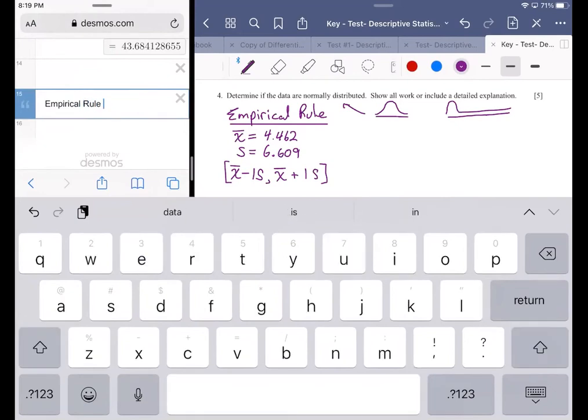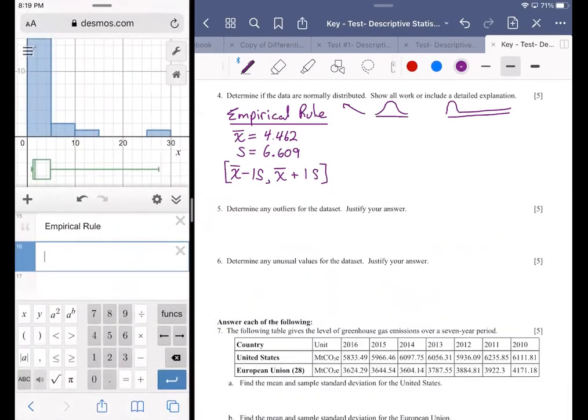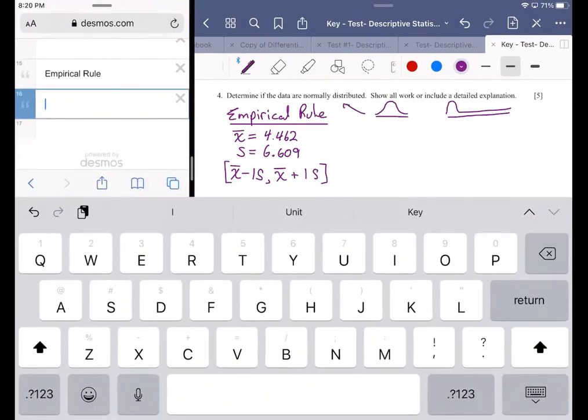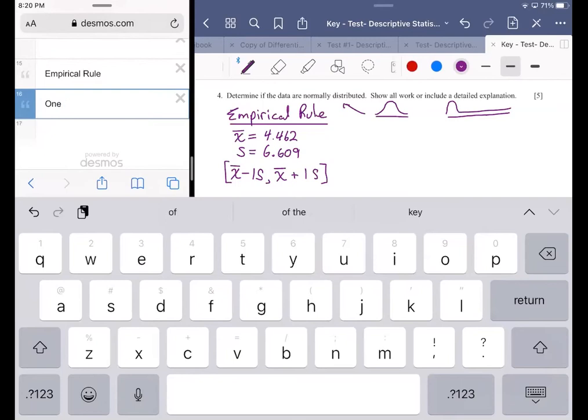Or you could even say question 4 to indicate that you're moving on to a different part of the test. We're looking at the first case, x bar plus or minus 1s, which is really one standard deviation away from the mean.